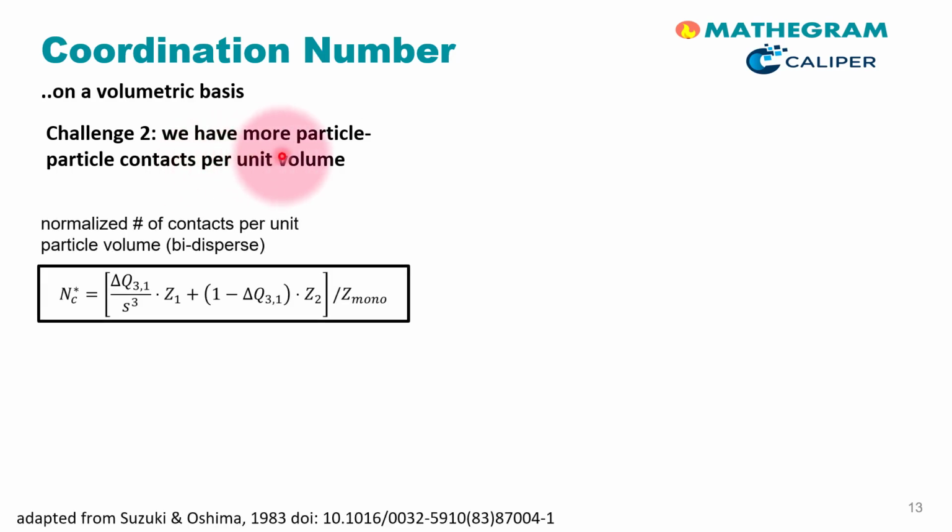For example, we can use the theory of Suzuki and Oshima for a bidispersed system and can come up with an expression for NC star. This quantity is the number of contacts in such a system normalized with that in a monodispersed system, with coarse particles only, that has exactly the same total particle volume.